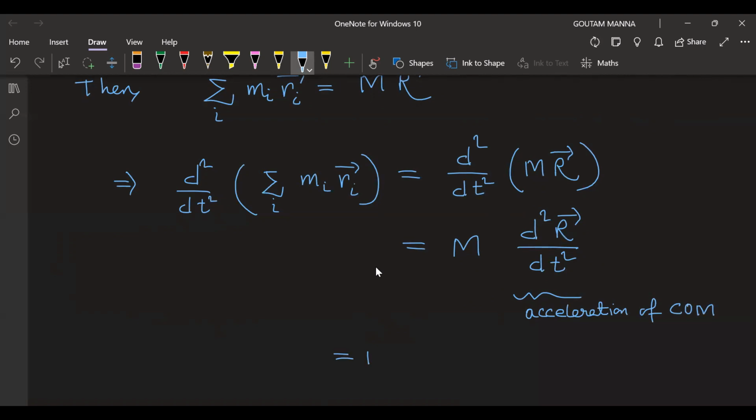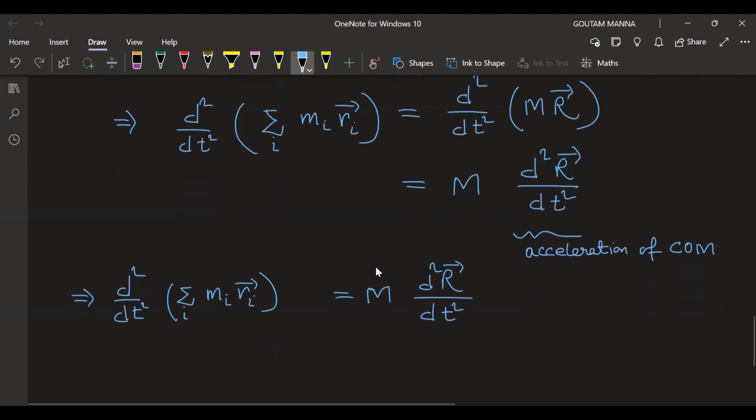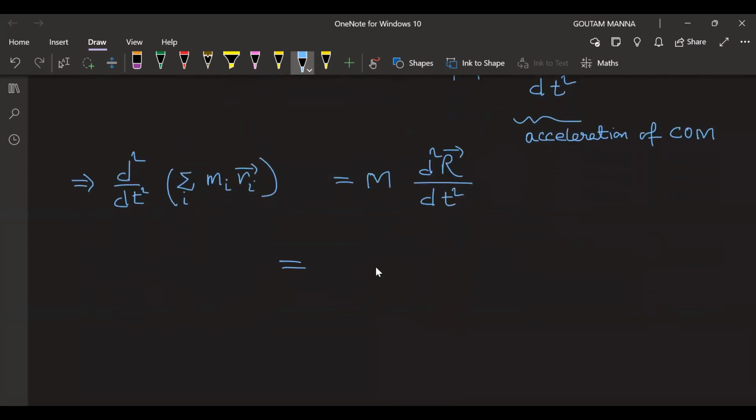Okay, so we will write it like d2/dt2 of the sum over i of mi ri, which will be equal to M d2R/dt2, or maybe you can write it as M a COM, acceleration of center of mass.